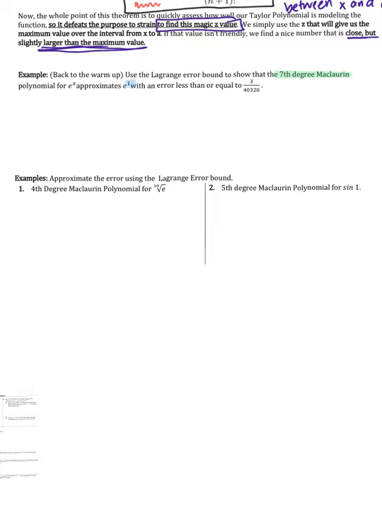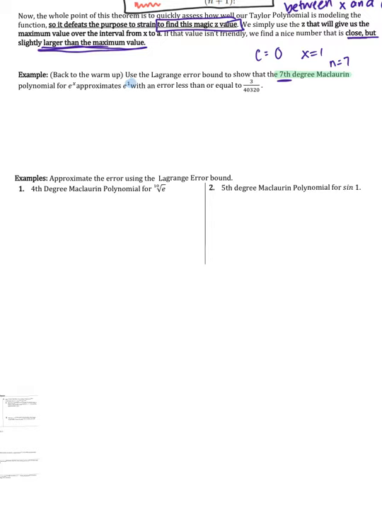So right away, we know that c is 0 because that's what it means to be a Maclaurin polynomial. We know that x is 1 because that's what we're approximating. We're approximating e to the first power, which means x is 1, since we're using the Taylor series for e. And we know that we used a 7th degree Taylor polynomial, so I know that my n value is 7.